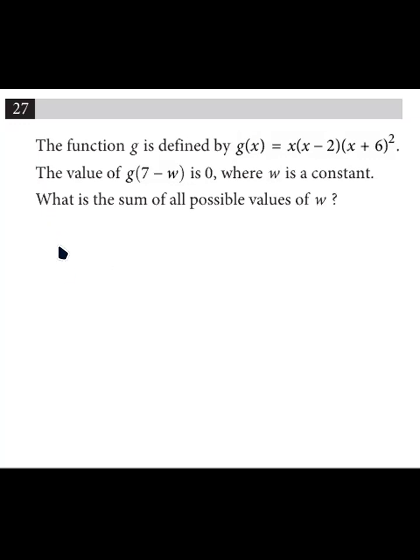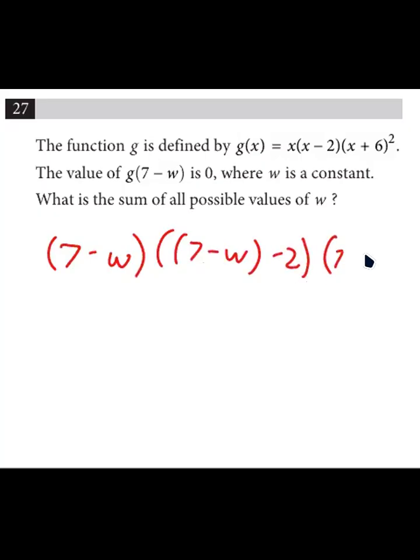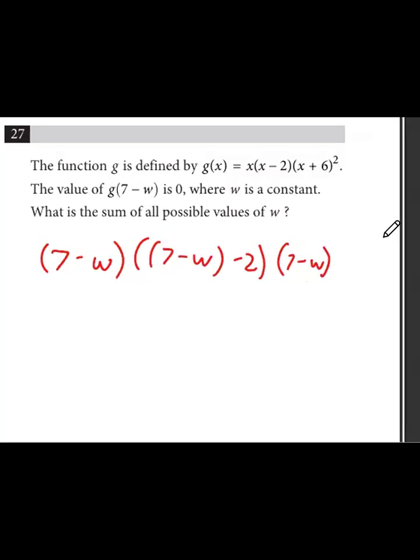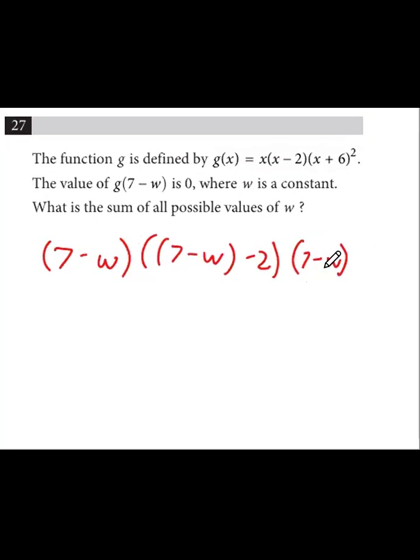So that would just be 7 minus w, and then we plug in here, so that's just 7 minus w minus 2, and we have 7 minus w, and then plus 6 squared.